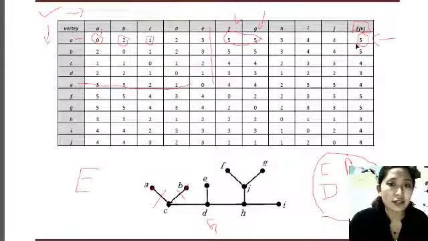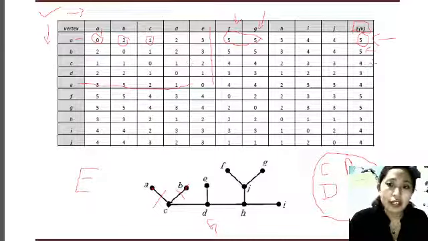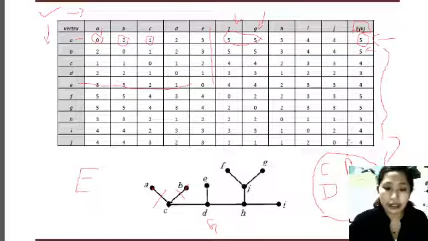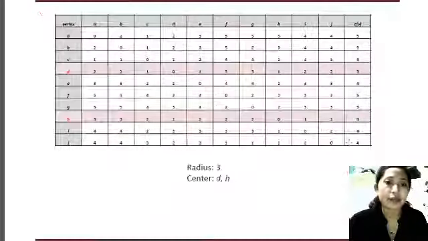So its eccentricity is 5. Similarly, in each row you calculate the maximum value, which gives the eccentricity of the corresponding vertex. Once you have calculated the eccentricity of all the vertices, from these eccentricity values you can easily calculate these 4 parameters: center, radius, diameter and the perimeter.